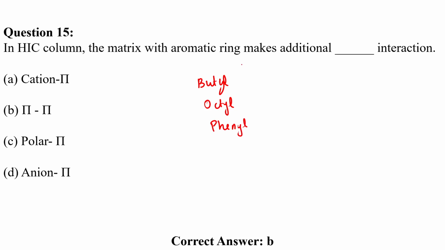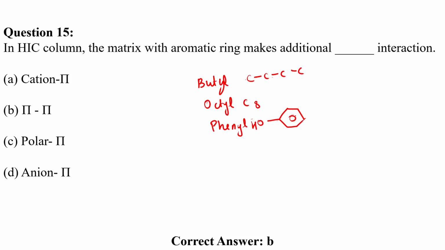Butyl means a 4 carbon alkyl chain is attached. Octyl means 8 carbon chains are attached. Phenyl means it has a benzene ring with an OH group attached, so that is the phenol group.